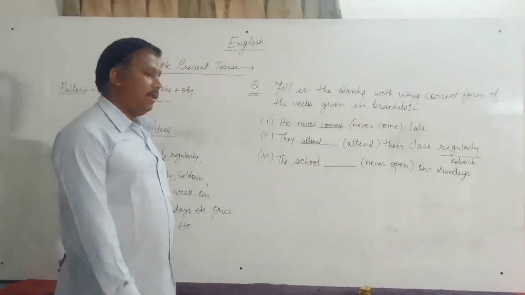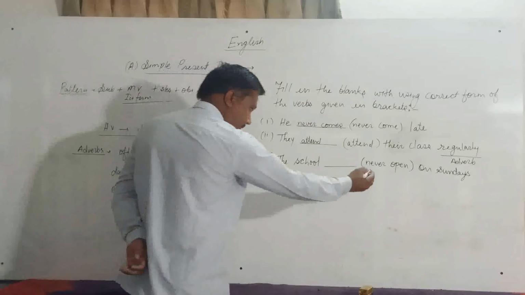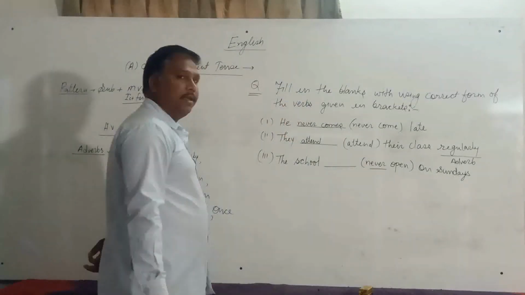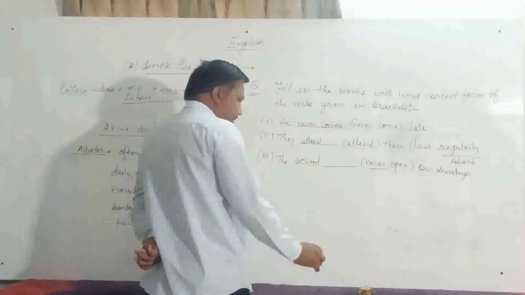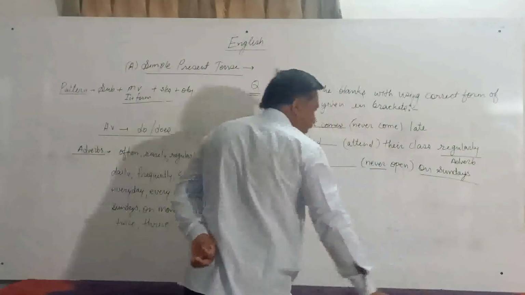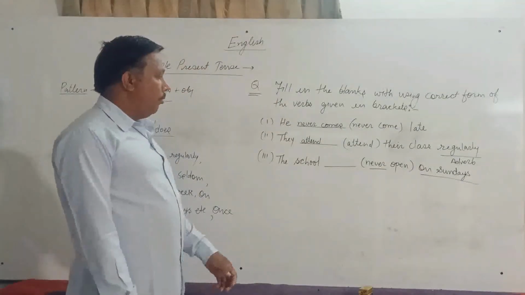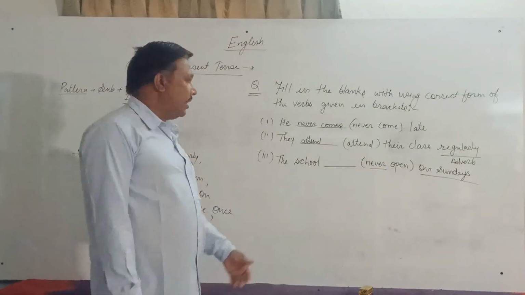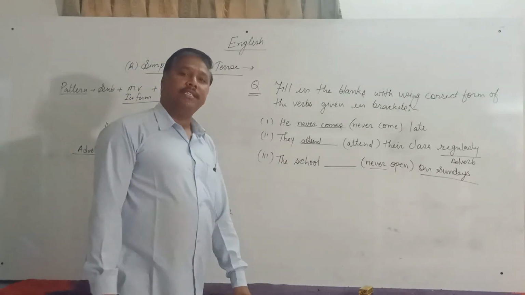Look here, here are two adverbs. The first one is never and the second one is on Sundays. Both adverbs show that it's a simple present tense sentence.